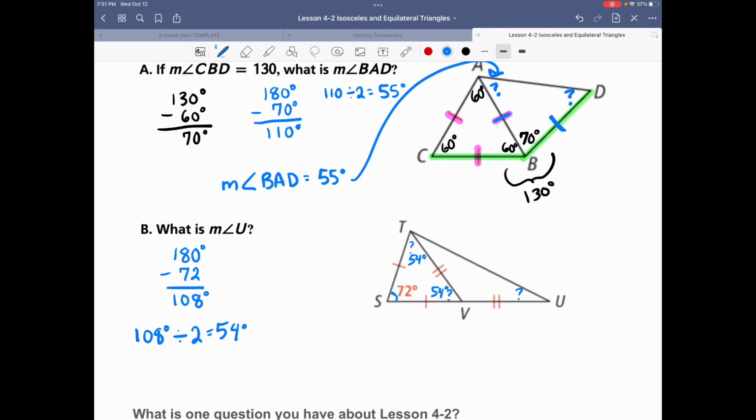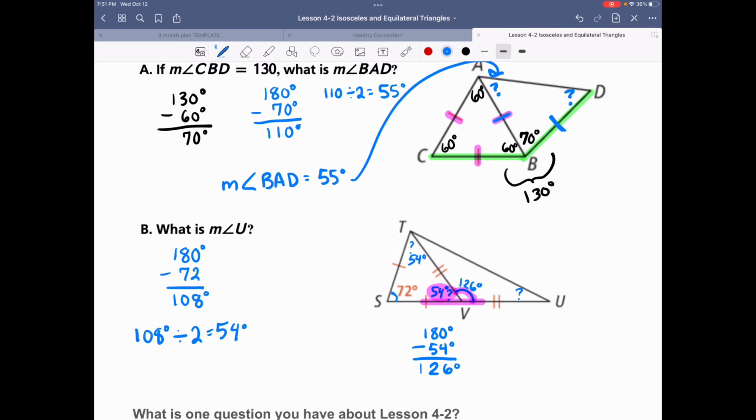But I'm still trying to figure out angle U. So angle V, or this UVT right here, I can figure out because it makes a straight line with 54. All right, and if it makes a straight line, then this measure of that angle has to be 180 minus 54, which is 126. So this is 126.